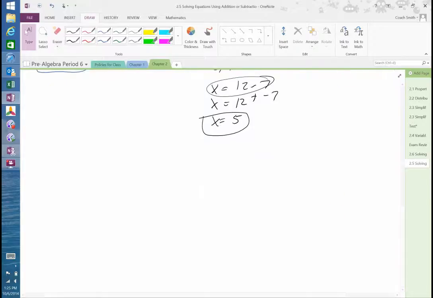All right, let's look at one that has subtraction in it and a negative in it. So, r minus 23 equals negative 6. Okay, all of these problems that we have, most of them are going to be just one step, solve it.